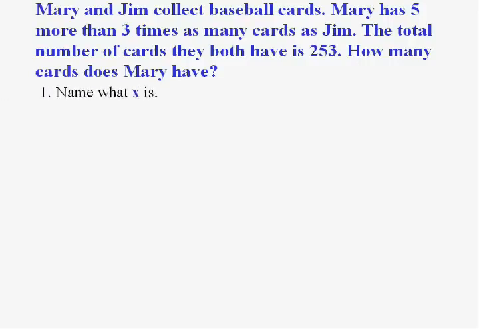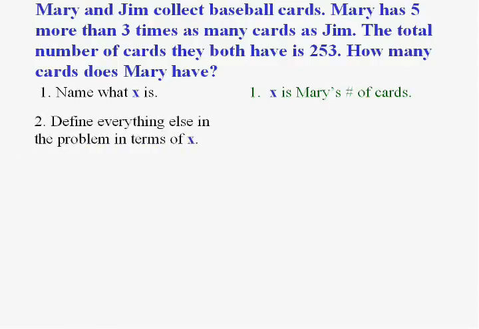I'm going to let initially x be the number of cards Mary has, because that's what they want to know. Seems reasonable. But when I jump to step 2, the other thing I'll have to define is Jim's number of cards. And if you look, Jim's number of cards is not based on Mary's. Mary's is based on Jim's.